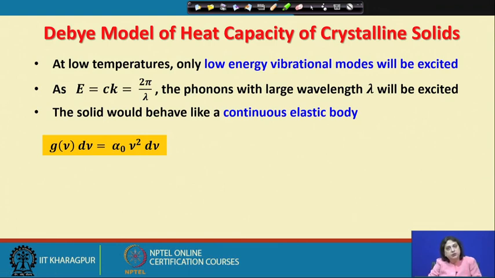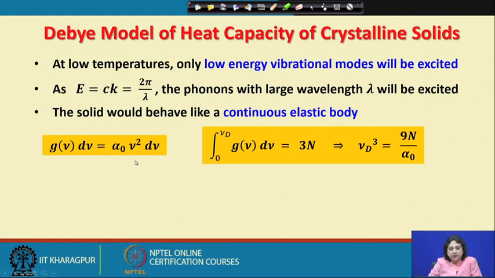So, this is where I am using the result from known literature of vibrational patterns in a continuous elastic body, and correspondingly Debye introduced this relationship where he said, okay, it must be so that there will be an upper limit to the integration such that upon this integration you get back the finite number of vibrational modes equal to 3n. So, obviously, if you plug back this expression, that is alpha naught v square into nu square d nu in this expression, you can find out what nu D is.